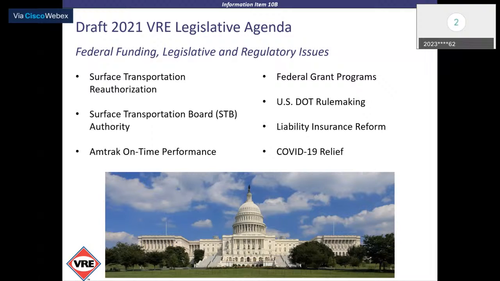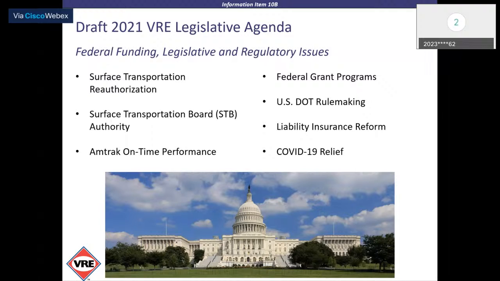The Amtrak on-time performance is the same. In particular, that's one where they are going to come up with a way to monitor Amtrak's on-time performance. And we want to make sure that however that works itself out, that it doesn't impact the way that the freight rails would deal with commuter rails like us.